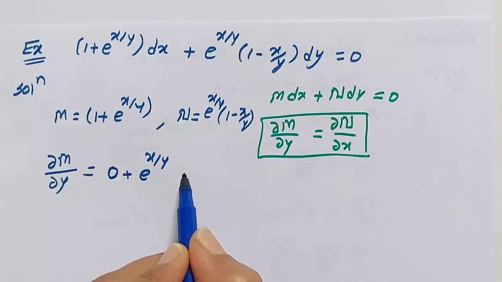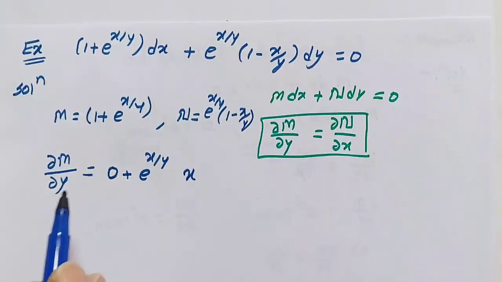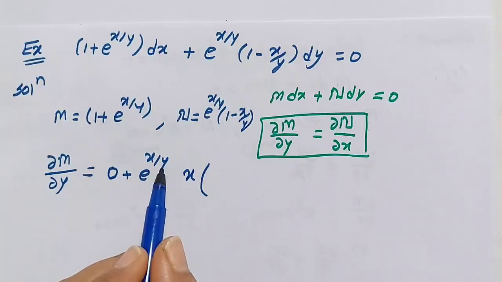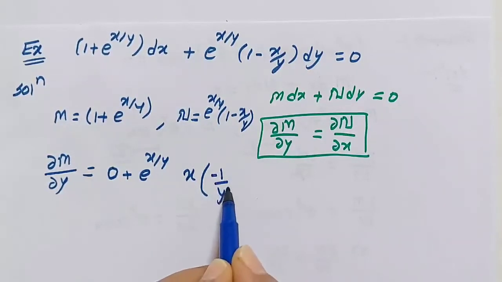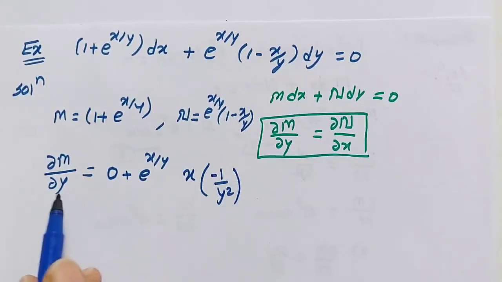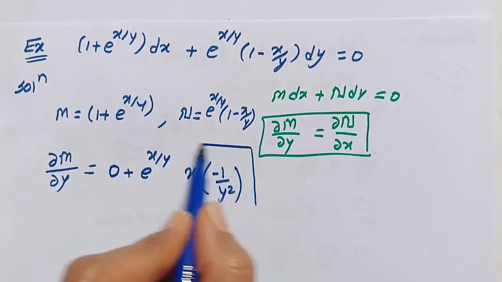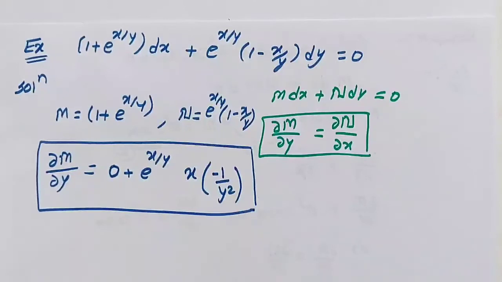Here x is constant because we are differentiating with respect to y partially. The remaining is x times the derivative of 1 upon y, which is minus 1 by y square. So this is the partial derivative of M with respect to y.